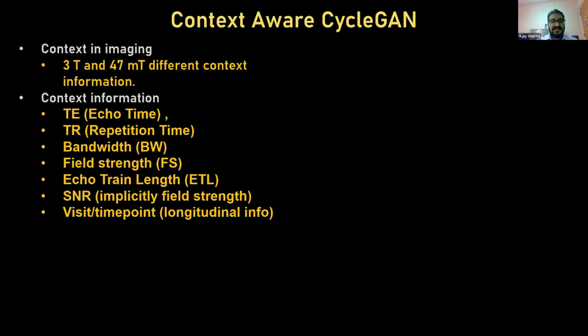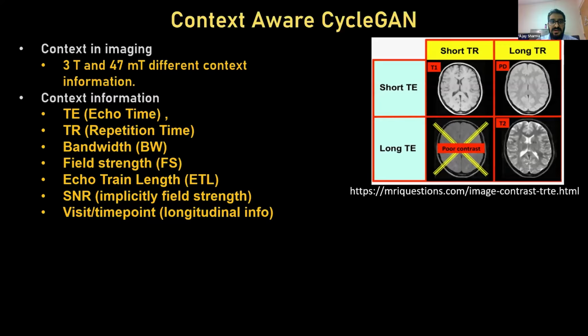If you look at the context of imaging at 3T and 47 millitesla, they have different acquisition contexts. Context parameters can differ: TR, bandwidth, and field strength, where one is 0.05 Tesla and the other is 3 Tesla. This is a huge gap. Also ETL, echo train length, differs, and SNR is quite different. So these are different contexts in terms of the CycleGAN model.